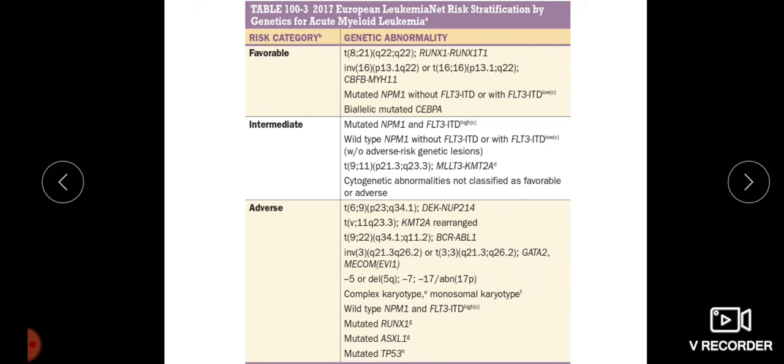Adverse risk is translocation 6;9, you can remember 69, inversion 3, deletion of 5q, mutated RUNX1 and mutated TP53, and translocation 9;22 also you can remember.